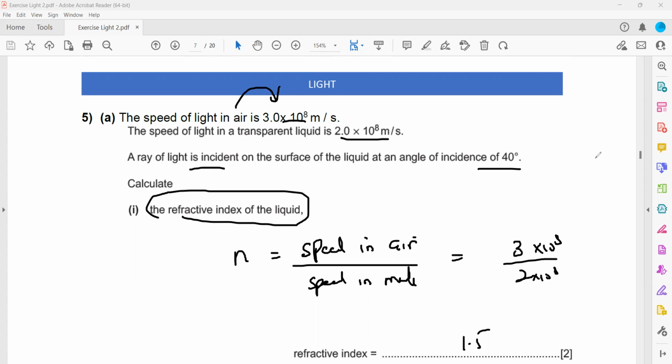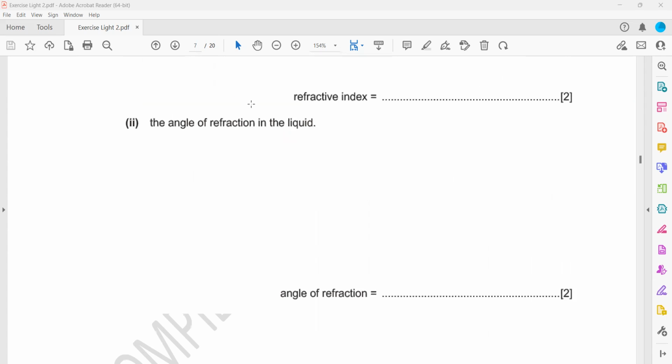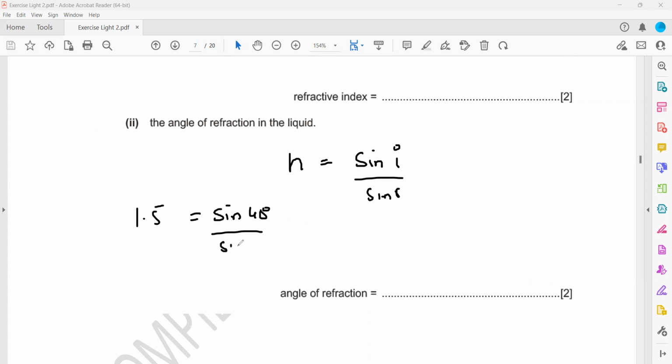The ray of light is incident, and the angle of incidence is 40. It moved from air to liquid, so the formula for refractive index is n equals sin i over sin r. The refractive index is 1.5, which we calculated previously. The sine of the angle of incidence is sine 40, and the angle of refraction we don't know. We cross multiply.